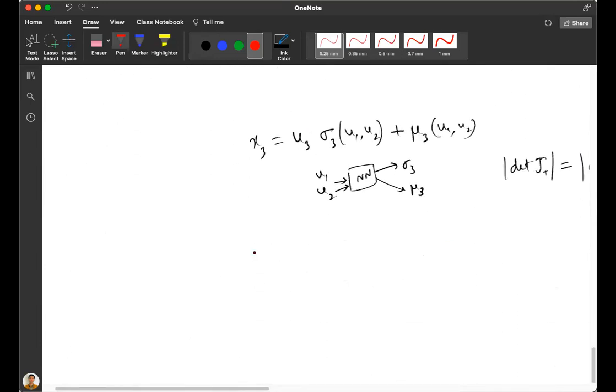All right. So technically, this transformation is known as real non-volume preserving transformation or flow.